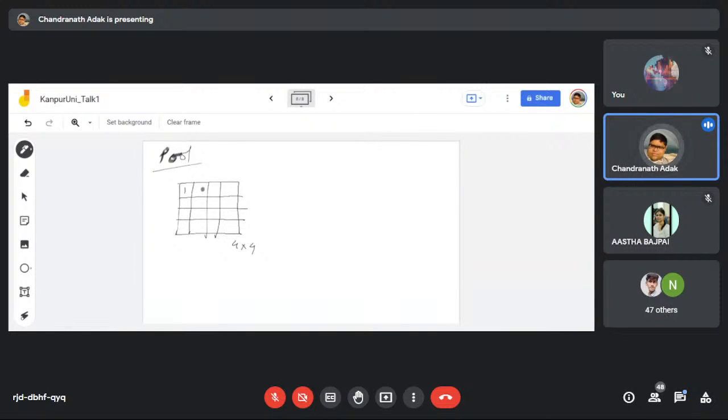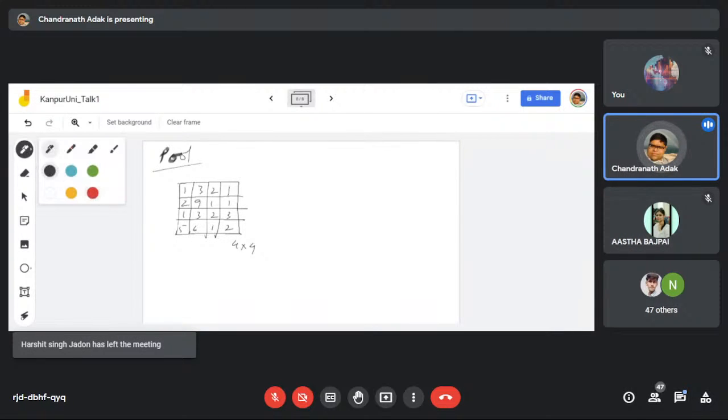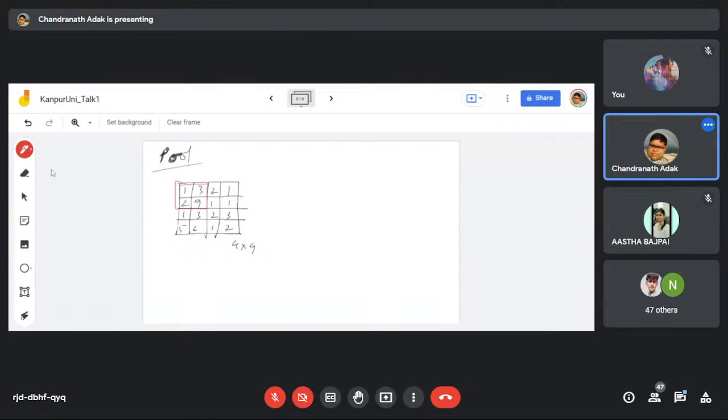Here the values I am putting are 1 3 2 9 2 1 1 1, and then 1 3 5 6 2 3 1 2. So this is a red box. Inside this red box, which one is the maximum value? Suppose I am performing a max pool operation. Which one is the maximum among 1 3 2 9? Obviously 9. So I am putting this 9.